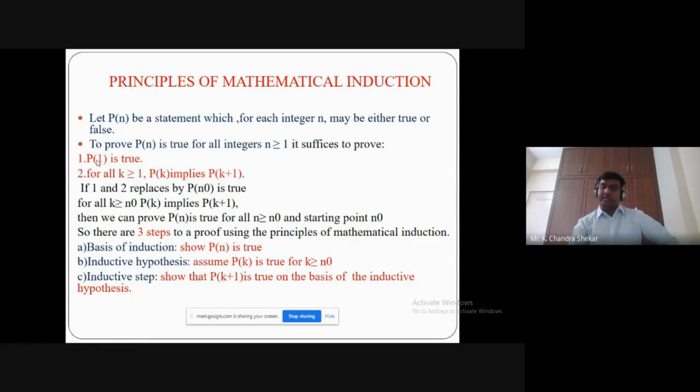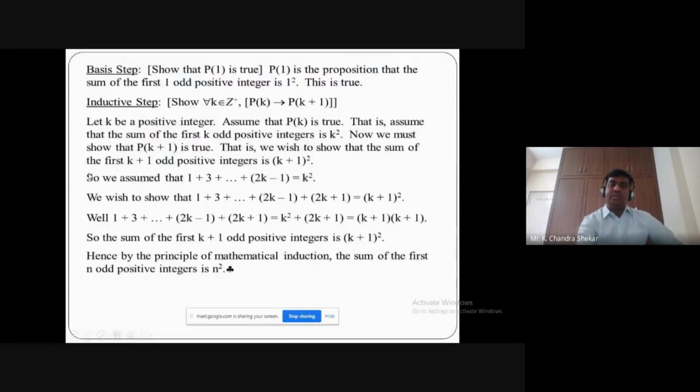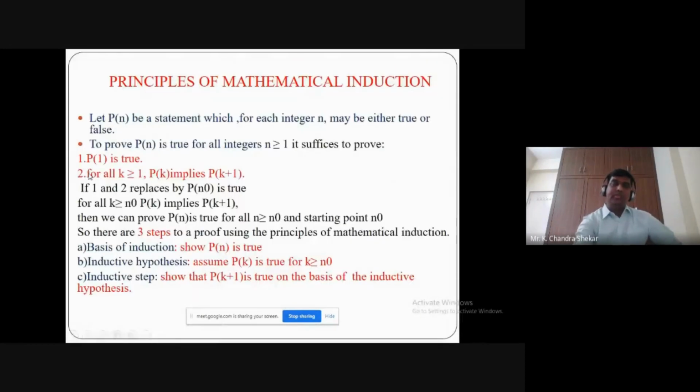or you call it the basis of induction. Okay, and then we'll assume that the given statement will be true for n value equal to k. Based on that, we go for k plus 1. Whatever assumption we have made at n equal to k, using that approach, we'll prove that for k plus 1 also the given statement becomes true.